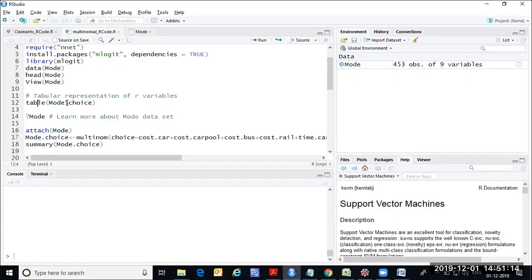Let's see how many values we have in this output variable choice. So we have all 4 options: car, carpool, bus, rail, and which is being highly used? Car. And next highest, train. Right? The relevant proportions are given.